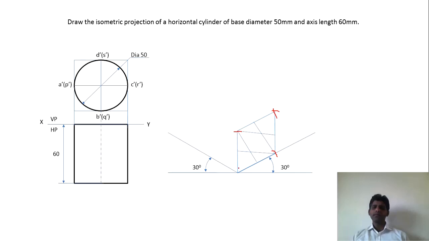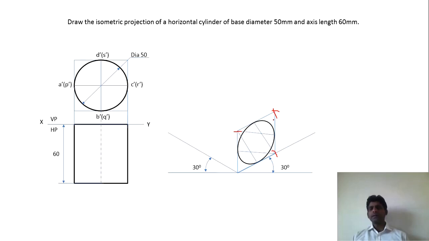So you will see that the circle has to be now drawn in this particular square. So to do so, we will mark the midpoint of this vertical line here. You join the midpoint of the vertical line to this corner here, and the midpoint of this vertical line, that is this point, to this corner.